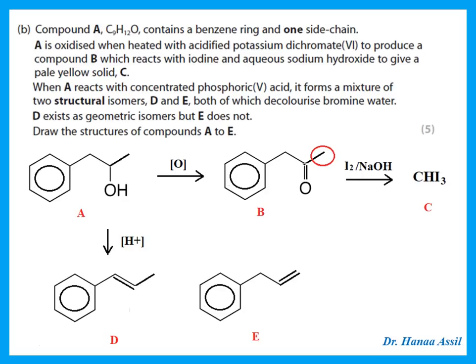So that means that when we added the acid, we formed a double bond. So D is the one that can have geometric isomers, E or Z, and E will not have geometric isomers, so that means that the double bond in E is at the end of the chain. Can you see how we obtain the structures?